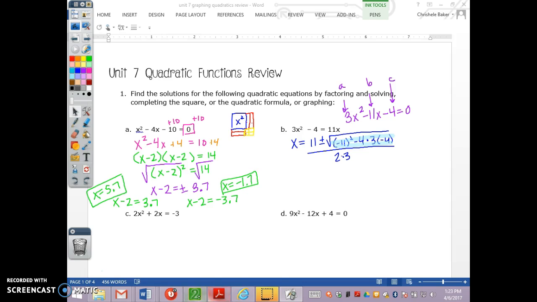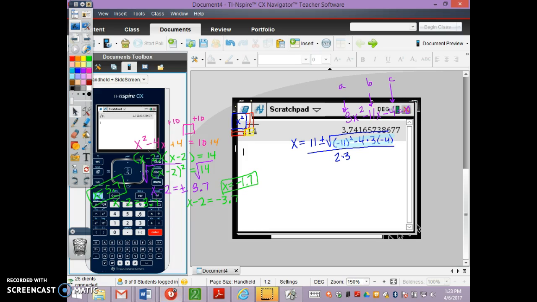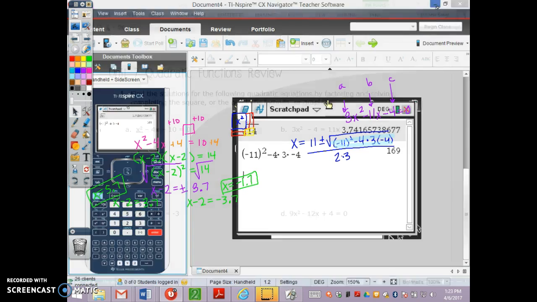So I have negative 11 squared minus 4 times 3 times negative 4. Negative 11 squared, in parentheses, minus 4 times 3 times negative 4. And that's 169.